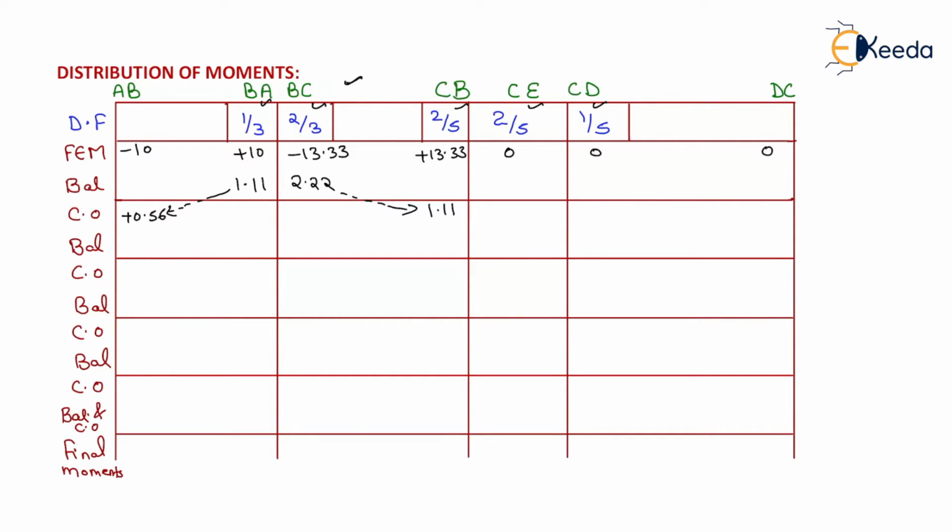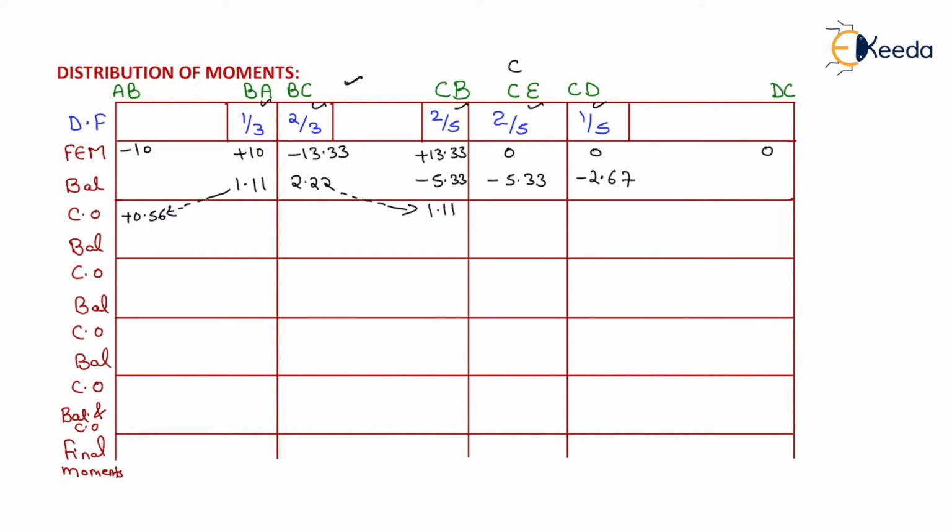Now at joint C, the net unbalanced moment is plus 13.33. We need to balance this moment by applying a minus 13.33 moment at joint C, and it will be distributed in CB, CE and CD according to their distribution factor. If we multiply minus 13.33 by 2 by 3, we will get the value as minus 5.33, and it will be the same in CE, that is minus 5.33, and in CD it will be equal to minus 2.67.